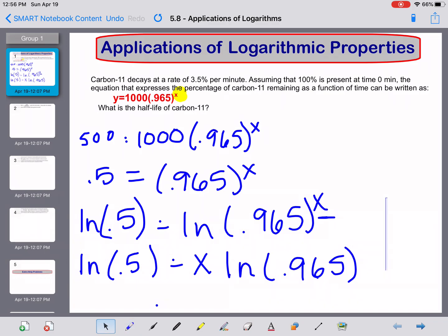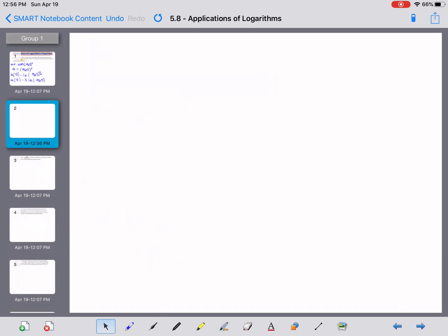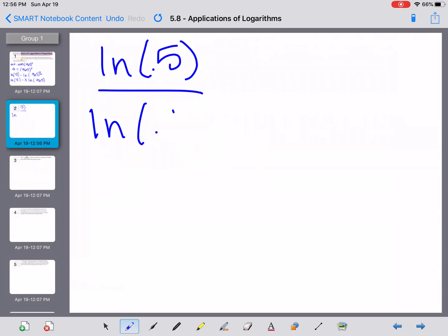And I will do that. Okay, so then I'll just take natural log of 0.5 over the natural log of 0.965. And that's going to be my x value, the number of minutes for the half-life.